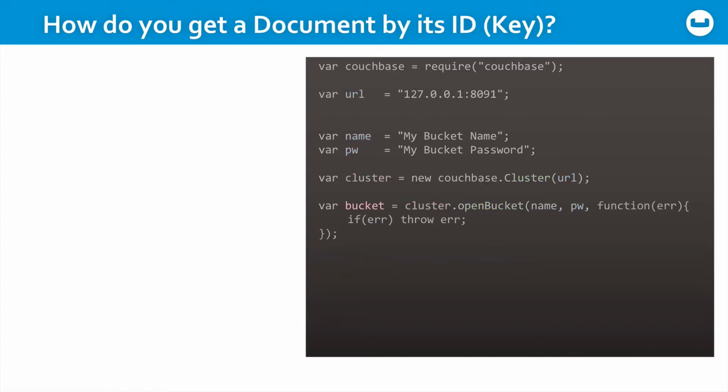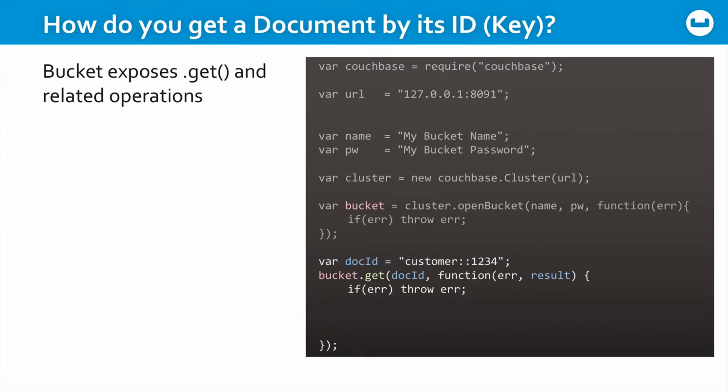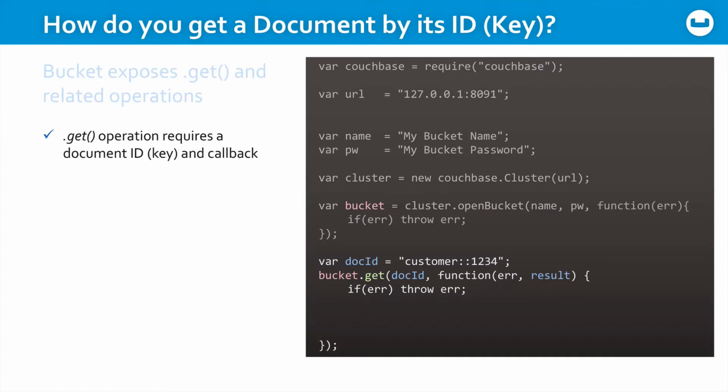To get a document by its ID, or its key as you might choose to call it, the bucket exposes get and related operations. The get operation itself requires a specific document ID or key, which you would see directly there in the bucket. It's whatever you've provided. And then a callback, as you would expect for Node. And you would handle your error in whatever sensible fashion.